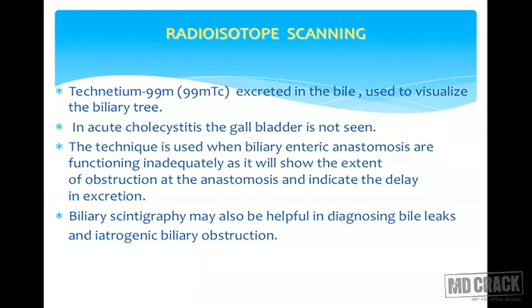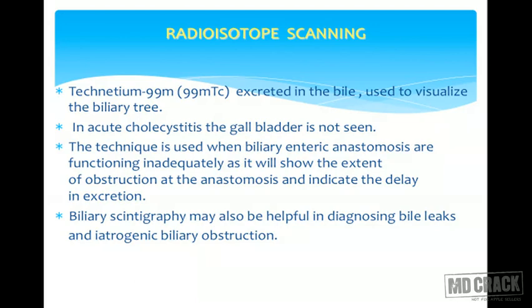The technique is used when biliary enteric anastomosis is functioning inadequately. So it will show the extent of obstruction at the anastomosis and indicate the delay in excretion. This is also helpful in evaluation of the emptying of the biliary tree after a biliary enteric anastomosis has been done.